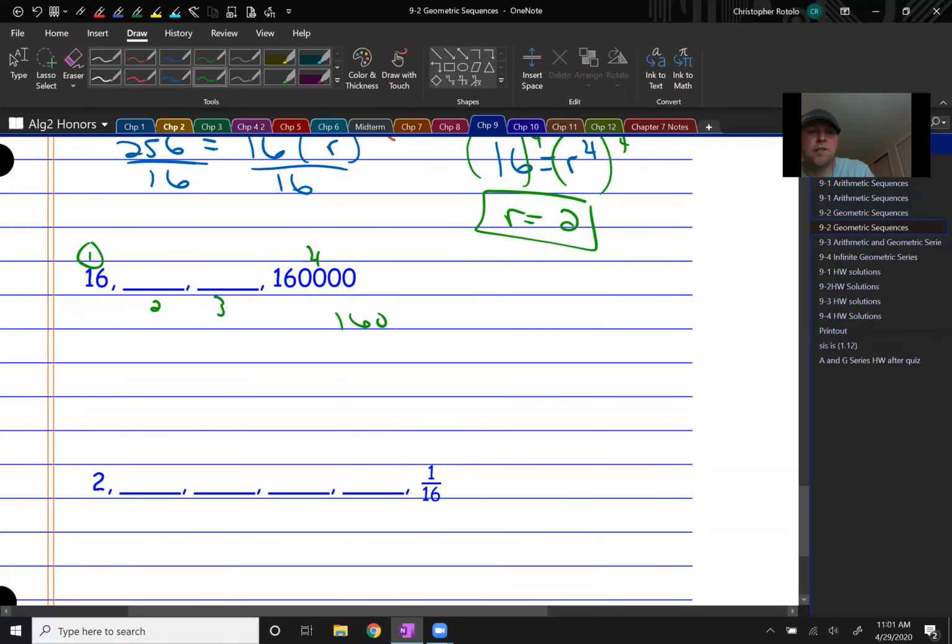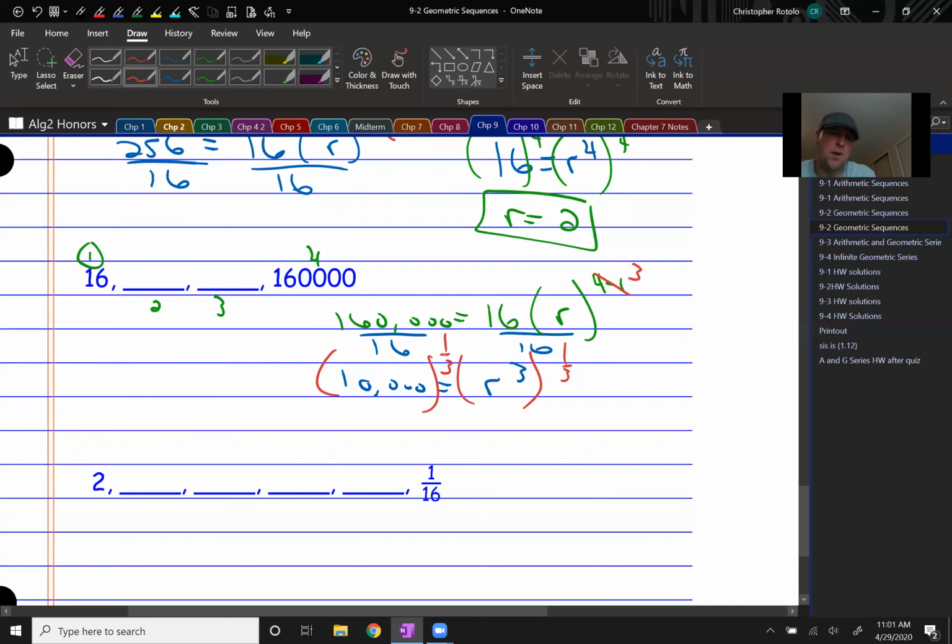So we need 160,000 equals 16 times r is what we're after to the 4 minus 1 power. That's 3. Divided by 16. 10,000 equals r to the 3rd power. How do we get rid of the 3rd power? Take it to the 1/3.